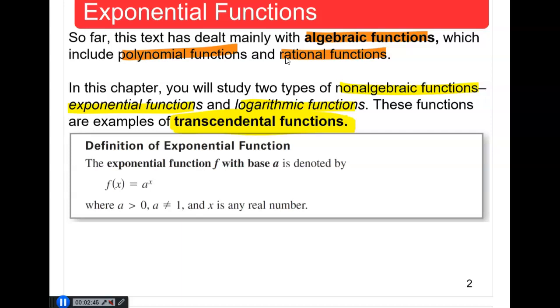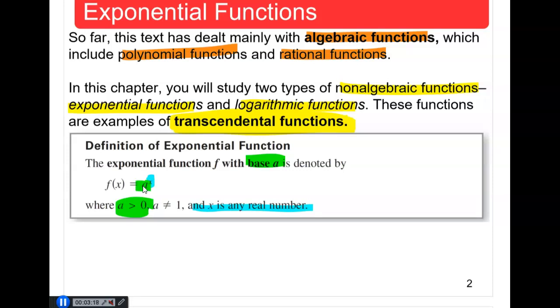So, an exponential function, a simple one, the parent function, will have a base, which is the letter a. That will be the base, and that base needs to be greater than 0. And then we will have an exponent, and that exponent will be the independent variable, which will be x.